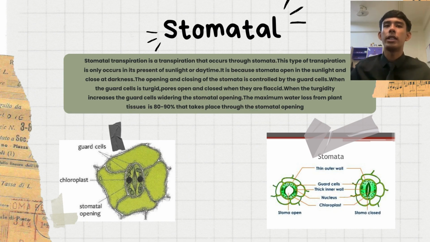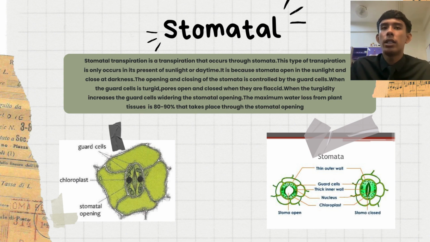Stomatal transpiration. Stomatal transpiration is transpiration that occurs through the stomata. This type of transpiration only occurs in the presence of sunlight, or daytime, because stomata open in sunlight and close in darkness. The opening and closing of the stomata is controlled by the guard cells.